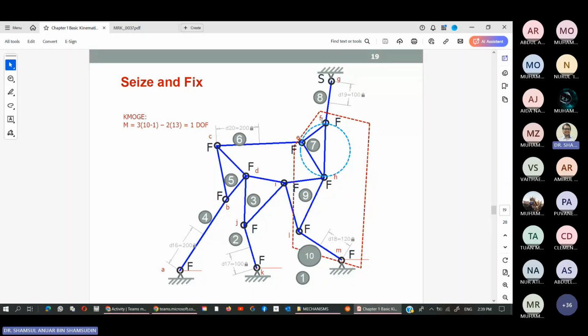So links F, E, and H can be simplified by using a big pin instead of small pins. So you have a big pin, and that will connect link 8, 6, and 9 together. So that will simplify it a little bit.